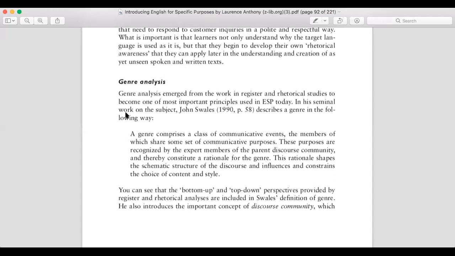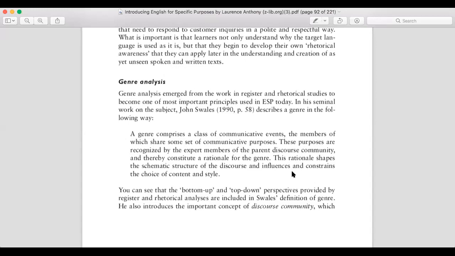Just as one literary genre has the same form and technique, when we are talking about genre as far as ESP is concerned, it comprises a class of communicative event, one class of communicative event, and those should share one or similar communicative purposes, right? And these purposes are recognized by the discourse community.